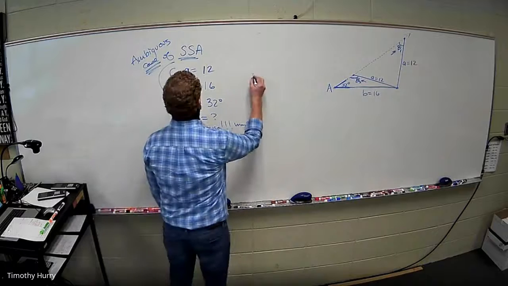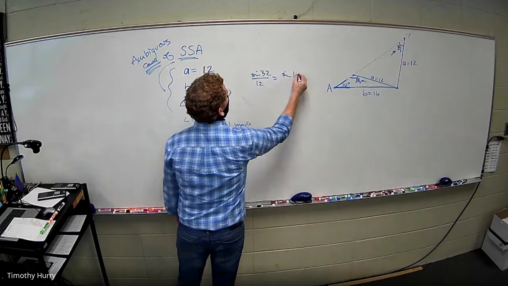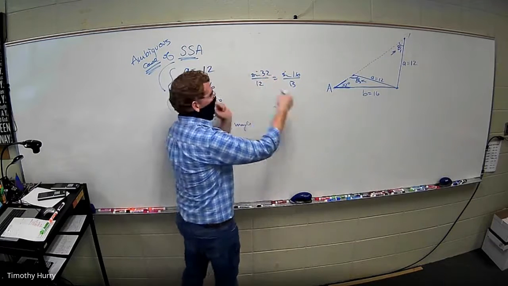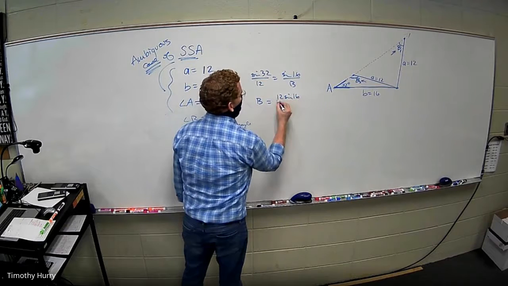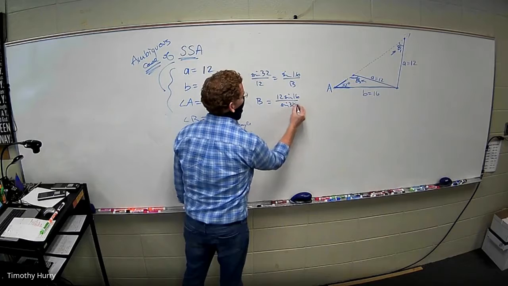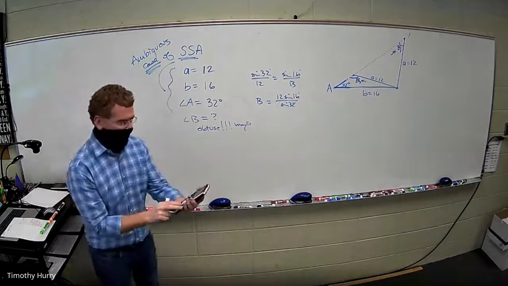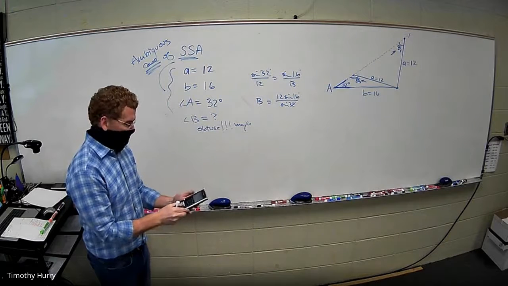If you don't pay attention, you're going to go sine of 32 over 12 equals sine of 16 over b. You cross multiply and divide, or use your slide rule, you get this, right? You go and you type this in your calculator. So fraction button.